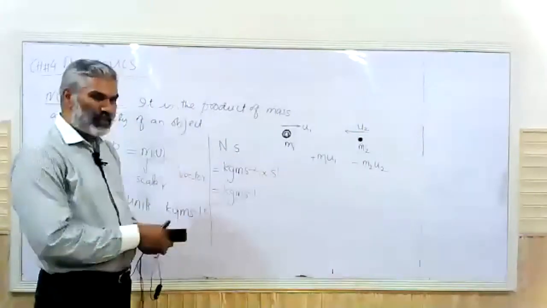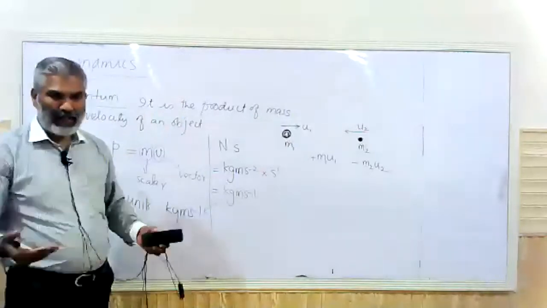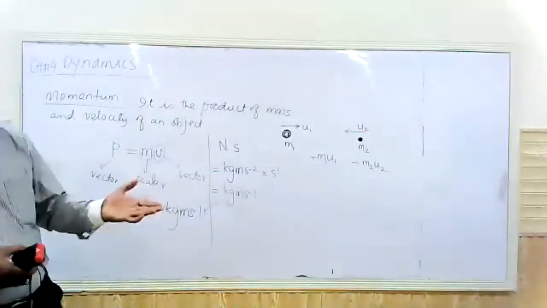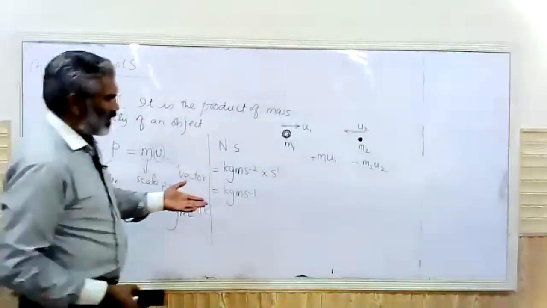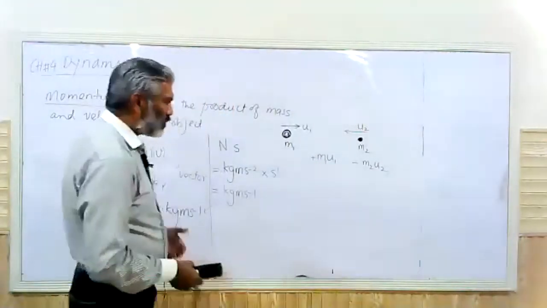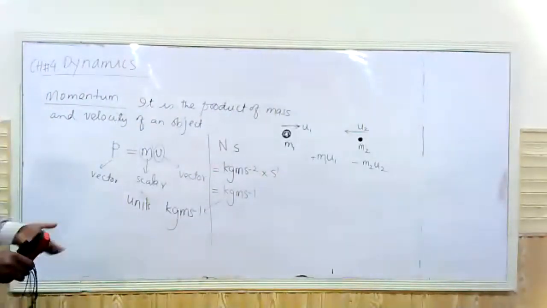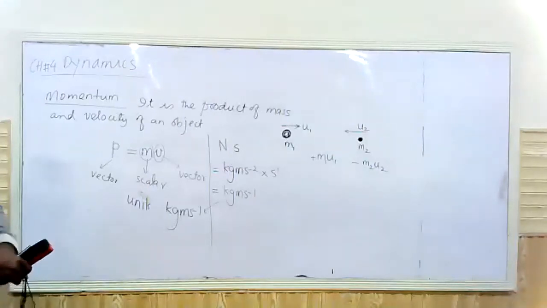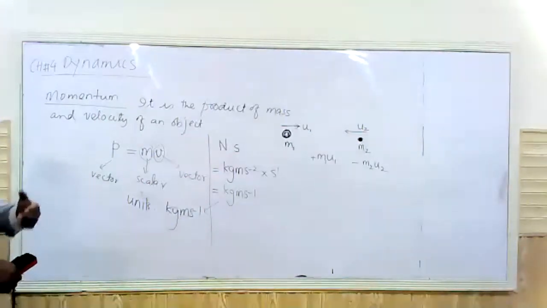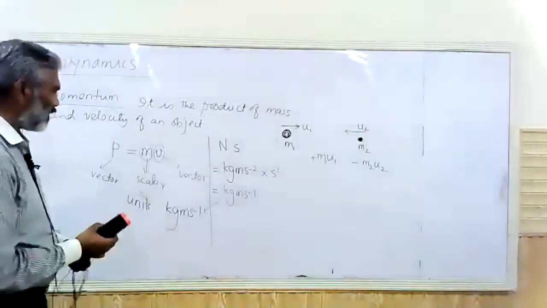If one vector has this direction and the other is in the opposite direction, you add them with plus minus signs, and of course if this is larger in value, you have the positive answer. So this is how you calculate the momentum of a single object or of several objects which are interacting. But fortunately there are not many objects involved. It's most of the time two objects that you have to deal with.